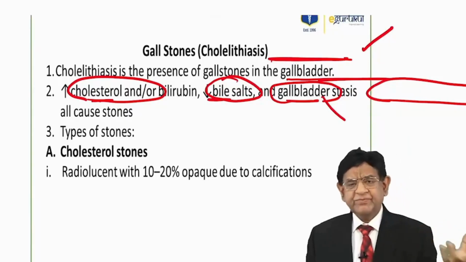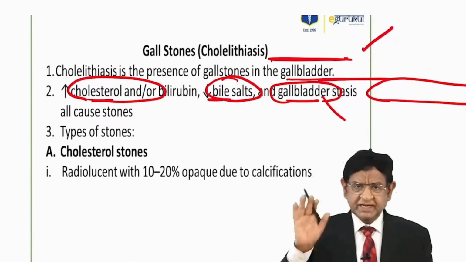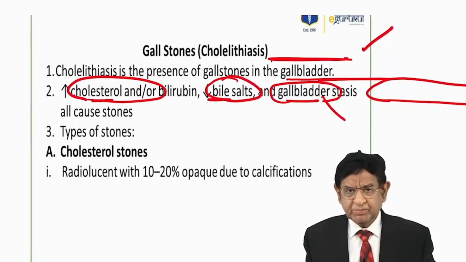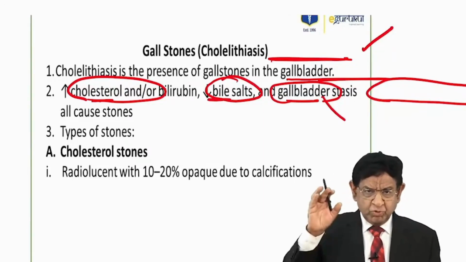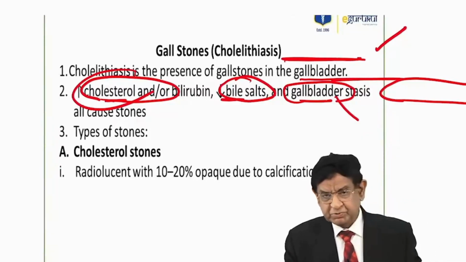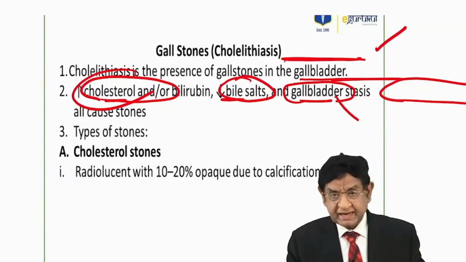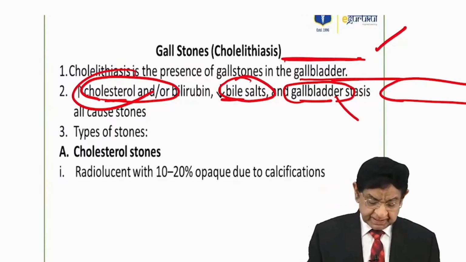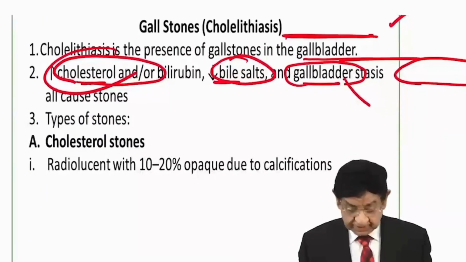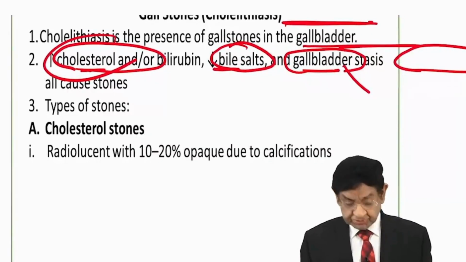If stasis occurs, and since the function of the gallbladder is concentrating, more and more concentration means cholesterol content will go high, and that will predispose to stone formation. I'll talk about all this again in the coming slides, but as of now we learned that increased cholesterol, increased bilirubin, decreased bile salt and gallbladder stasis will lead to stone.